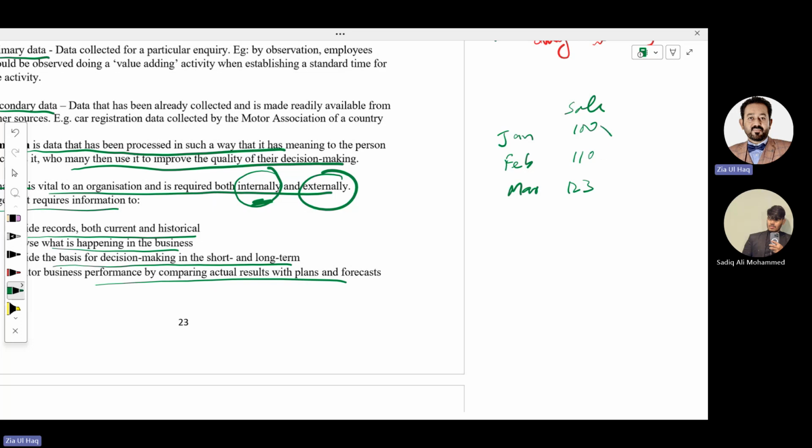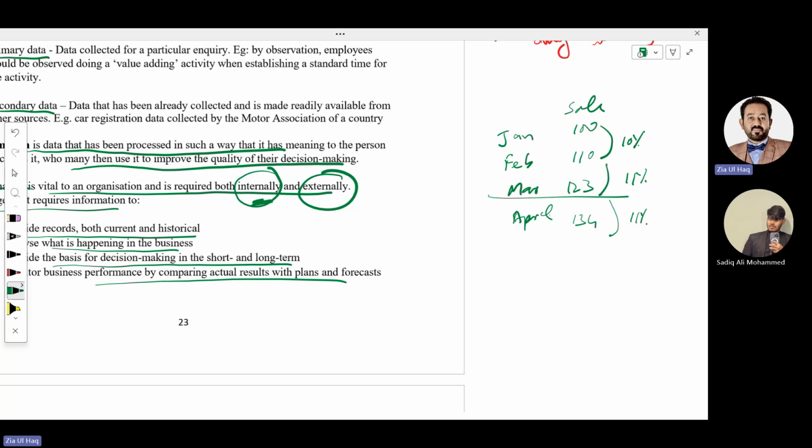This means from here to here, sale increased by 10%. From here to here, sale increased by 11%. So based on this, we can prepare a forecast for April. As our sale is increasing more than 10%, we can say our April sale will be about 11 to 12% higher, meaning it might be 134.